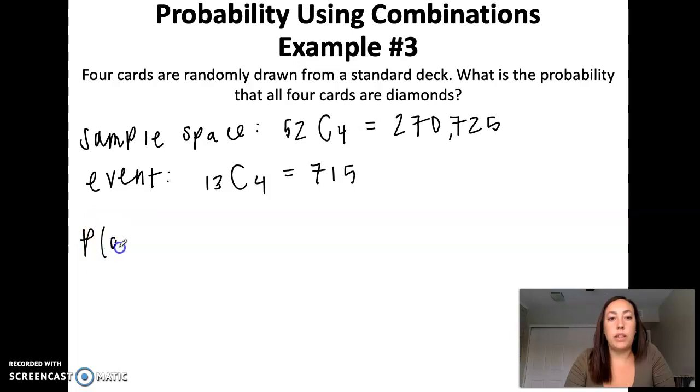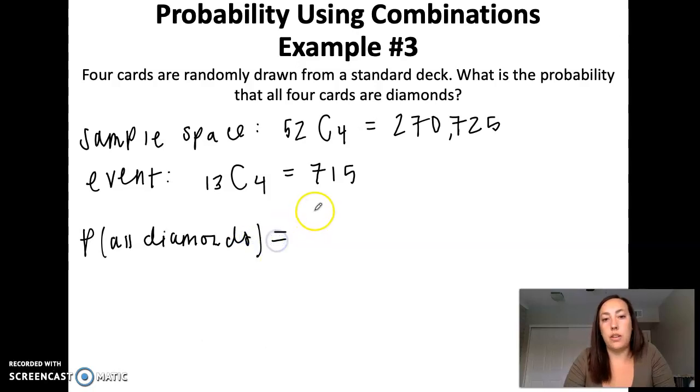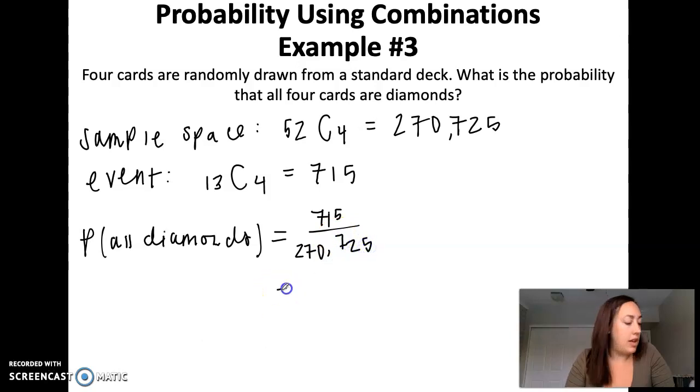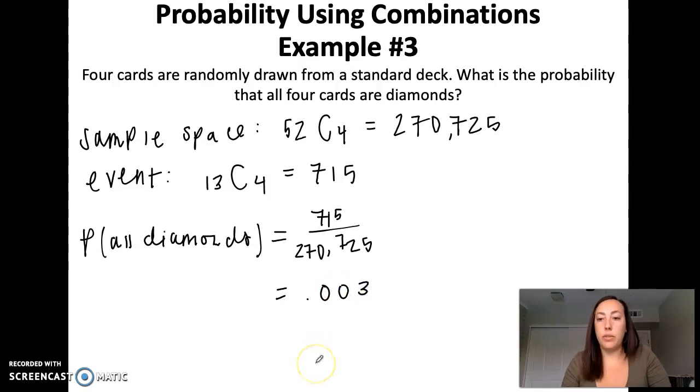Then the probability that we get all diamonds: we take the outcomes in our event, which is 715, and divide by the number of outcomes in our sample space, which is 270,725. And we get 0.003, which is 0.3%. So very, very low chance that you are going to get all diamonds in your hand of 4 cards.